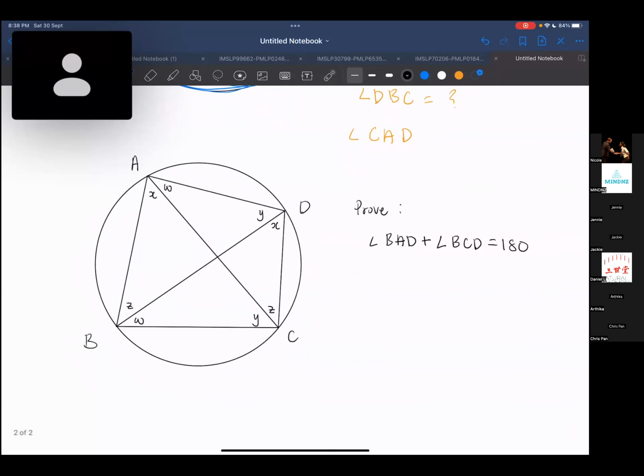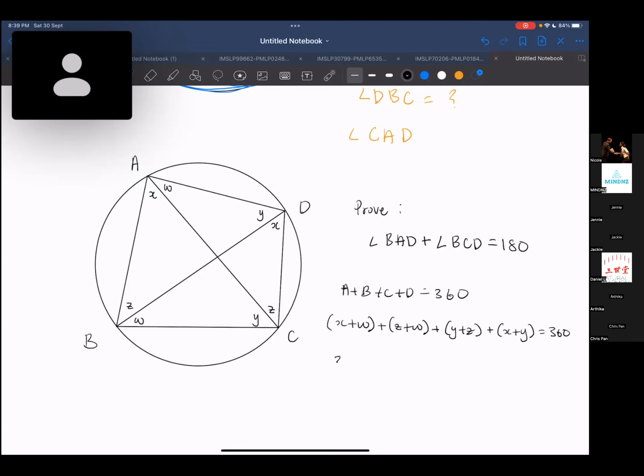So now what we know is that in a quadrilateral, the angles are going to add up to 360 degrees. So let's add all of this up and see what we get. We get A plus B plus C plus D equals 360. And if we write that out, X plus W plus Z plus W plus Y plus Z plus X plus Y is going to equal 360.